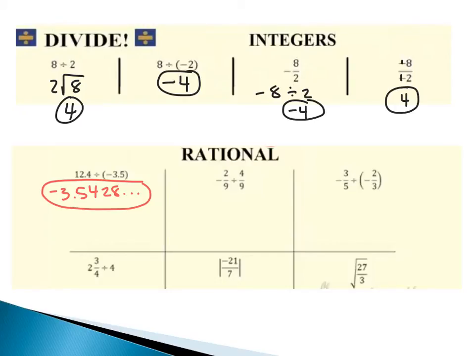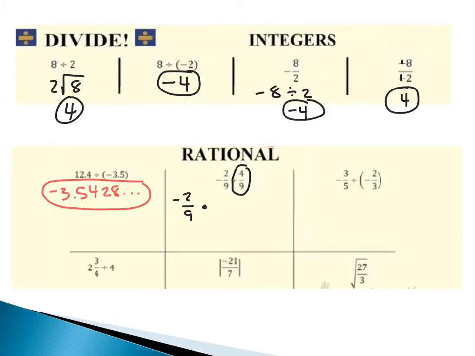Okay, next one, I'm dividing fractions. So I have negative 2/9 divided by, notice this does not say addition, this is divided by 4/9. So I am dividing a fraction by a fraction. So how do I do this? Here's what I'm going to do. I'm going to take negative 2/9, and instead of dividing by 4/9, I'm going to multiply by something called the reciprocal of this fraction.